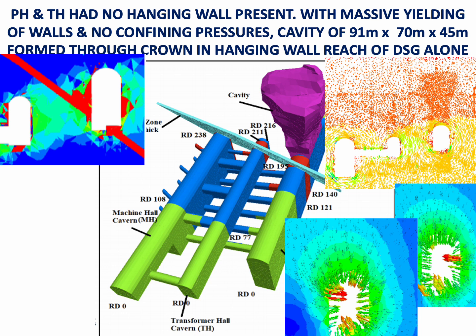The shape and size of this relaxed zone is remarkably similar to the size and shape of the raveling cavity formed in the Downstream Surge Gallery crown.